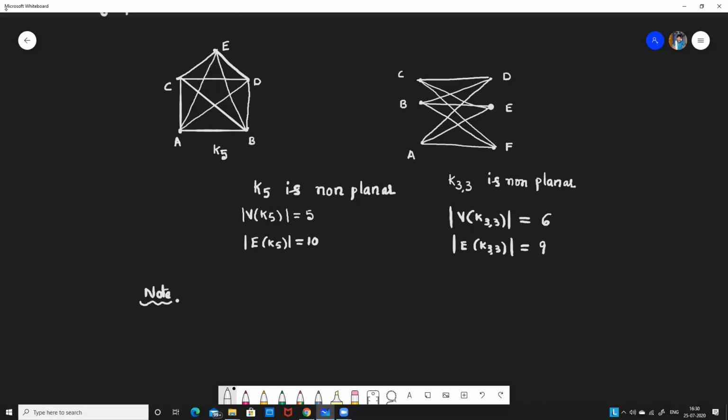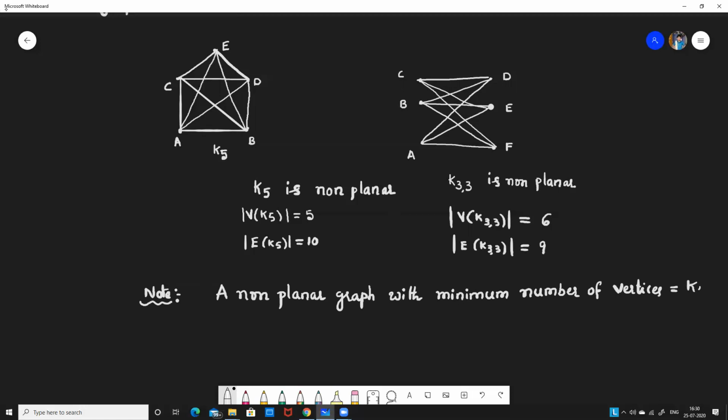Note: a non-planar graph with the minimum number of vertices, what is that? That is K5.